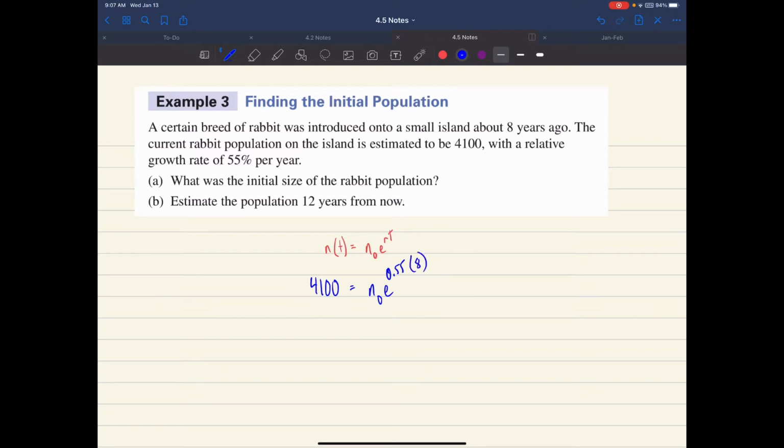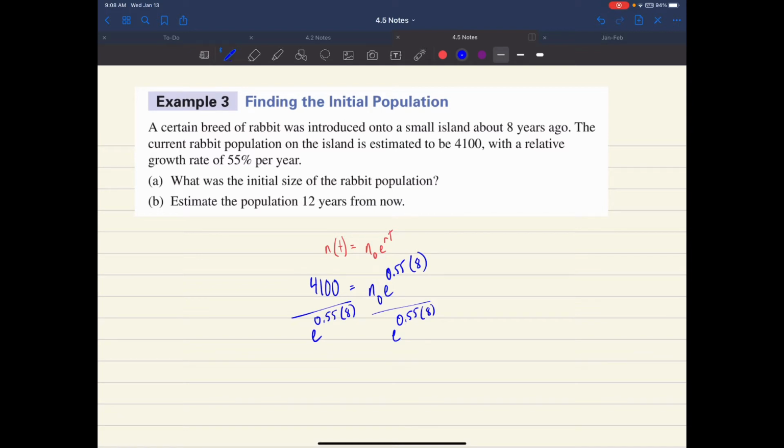So in this case, you can see we're going to solve for N sub 0, which is fairly easy. We just divide both sides by e to the 0.55 times 8. Generally, I won't calculate these out till the very last step because I don't want to estimate twice.